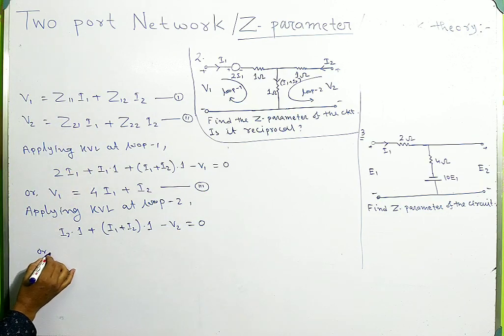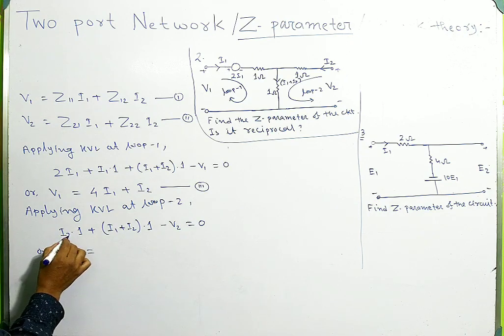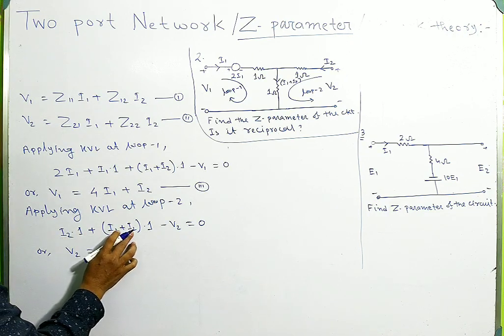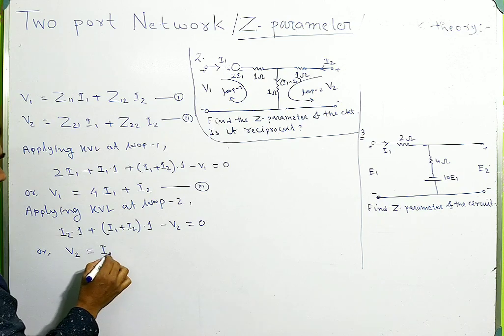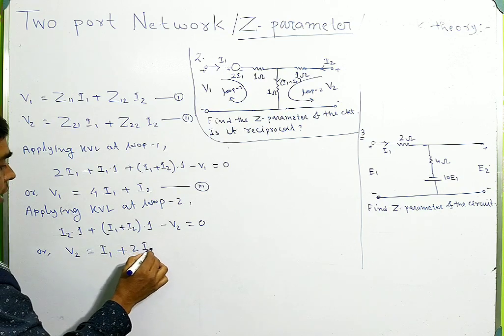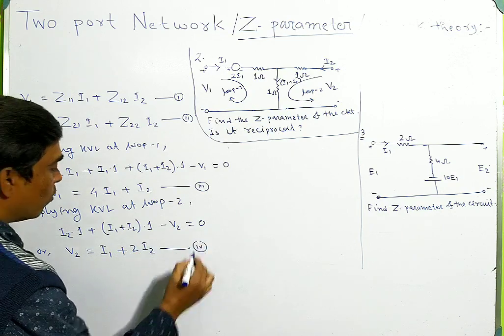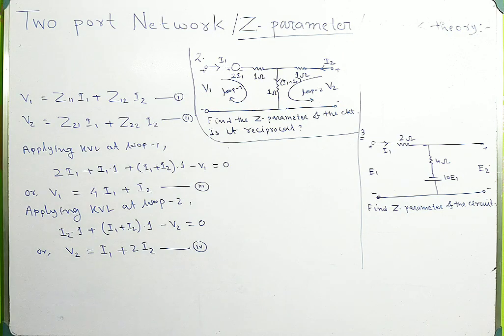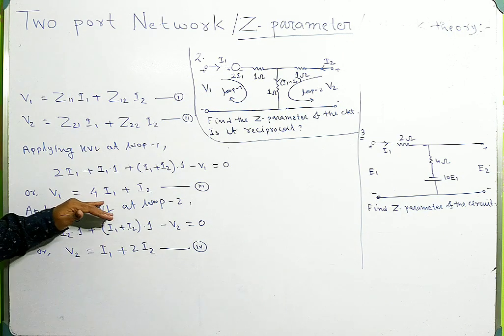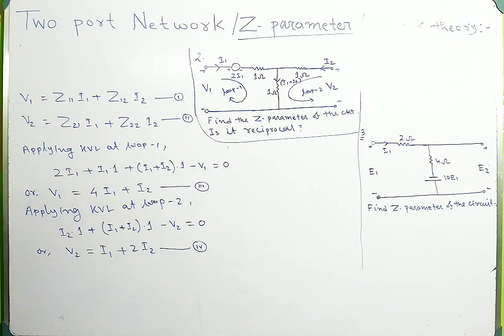So V2 is equal to I1 plus 2 I2, this is equation 4. So V2 is given by I1 plus 2 I2, and this is 4 I1 plus I2.